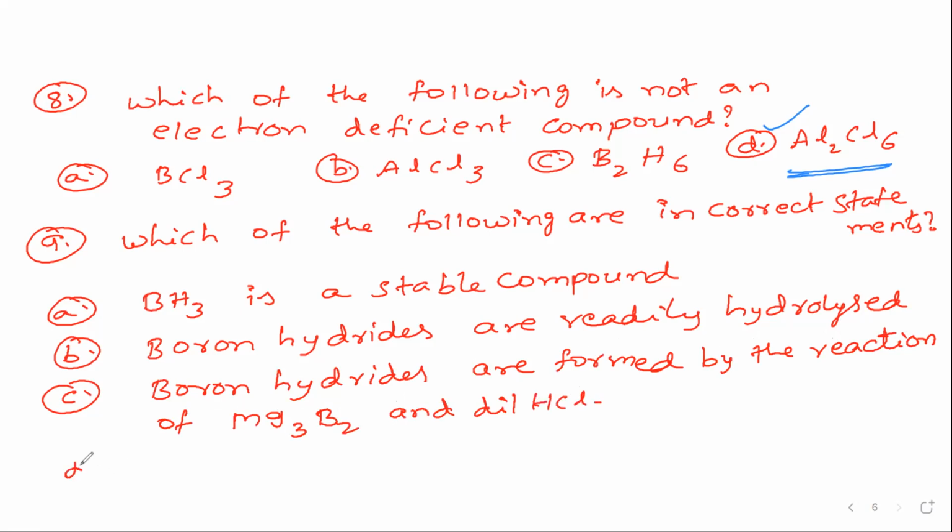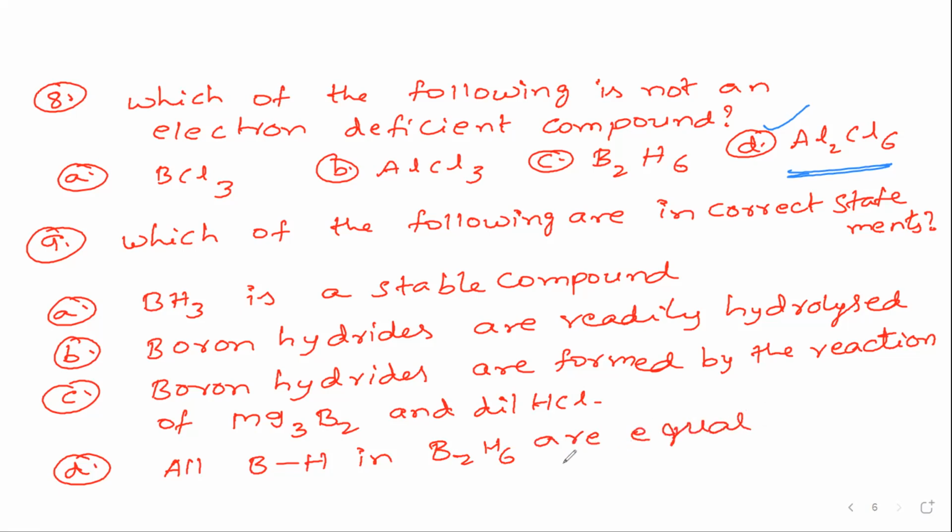Next, option D, all BH bonds in B2H6 are equal.